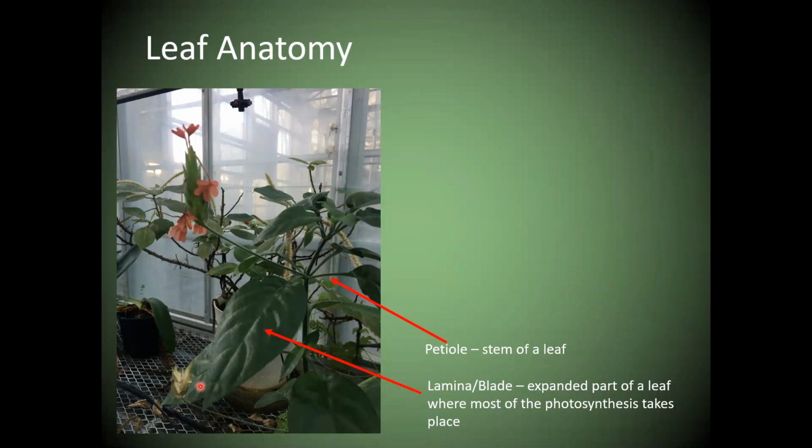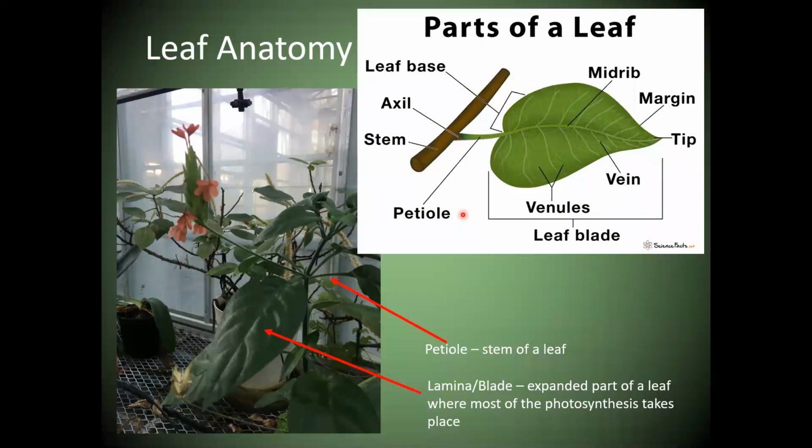And then the petiole is sort of the stem of the leaf blade that connects the leaf blade to the actual plant stem, the plant trunk. And if you want to go a little crazier, there are more advanced labels you can use. This part of the leaf blade is called the leaf base, quite literally the base of the leaf.